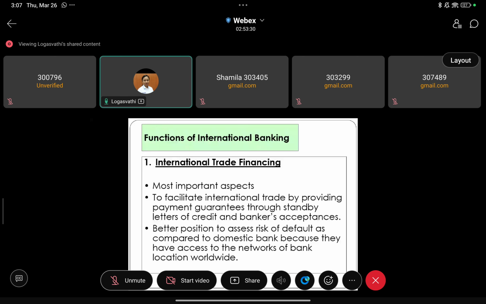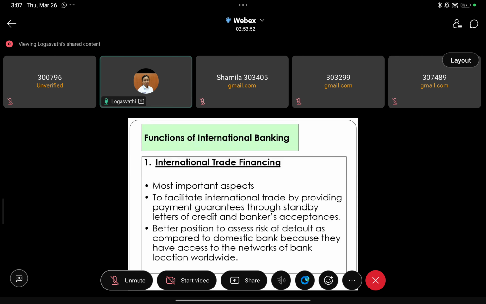They provide guarantees, documentation, and financing in order to do import and export. When we talk about trade, it's all about import and export, so it has to involve two different countries. That's why international banks are involved in trade financing.